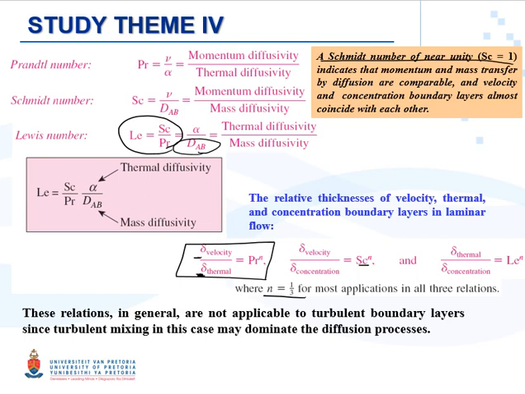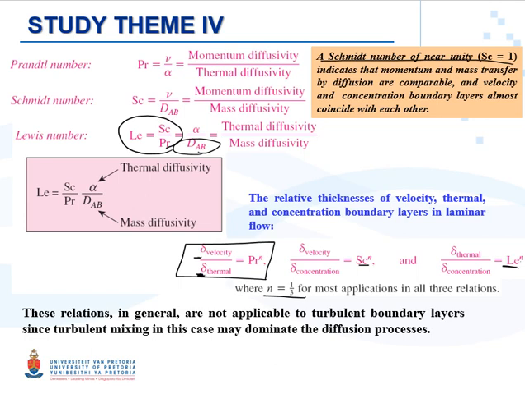Of course, the relative thickness of the thermal boundary layer divided by the concentration boundary layer is going to be proportional to the Lewis number, and the n would be the same.